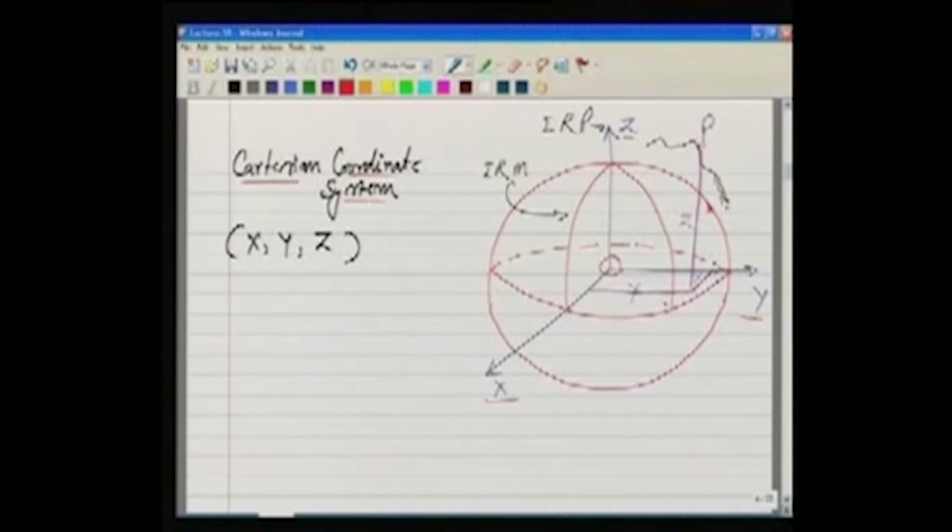Now, for a point P, we can also define the Cartesian coordinates as x, y, z, where x is this, and this is y, and z is the distance from the equatorial plane. Now, phi, lambda, h and x, y, z, we can determine one from the other.